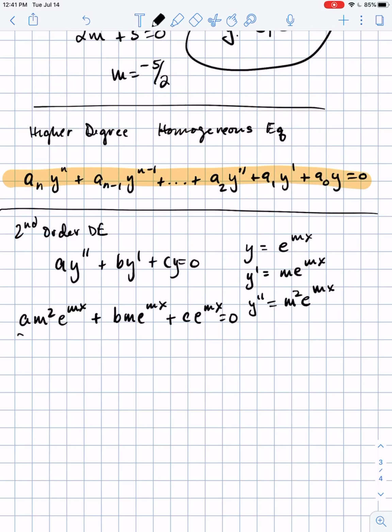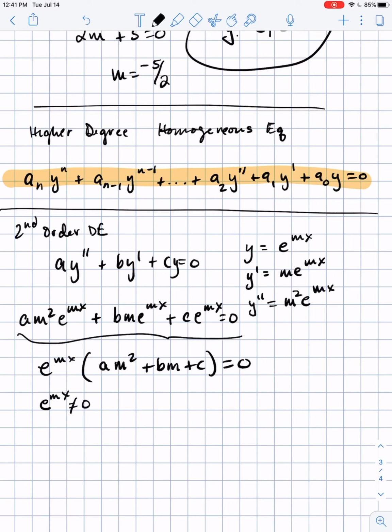And again, if we factor out an e to the mx, you can see that here you just get a quadratic: a m squared plus bm plus c equals 0. Again, exponentials don't equal 0. This exponential will never hit 0. And then am squared plus bm plus c should look very familiar. Here we have a quadratic.